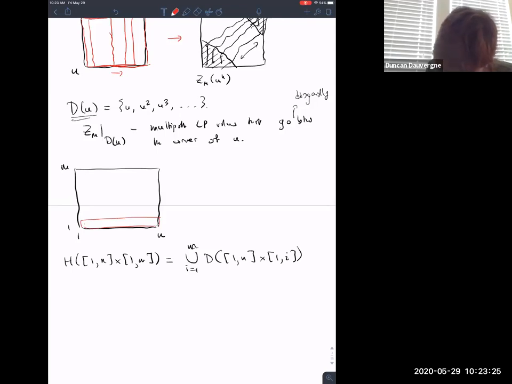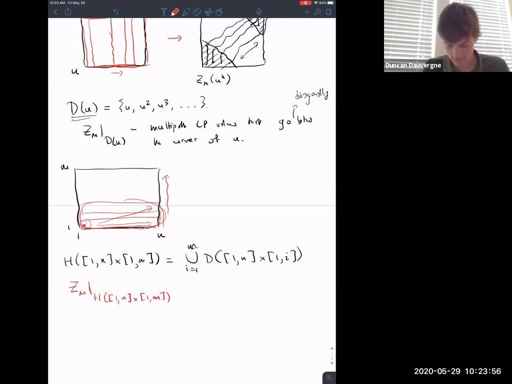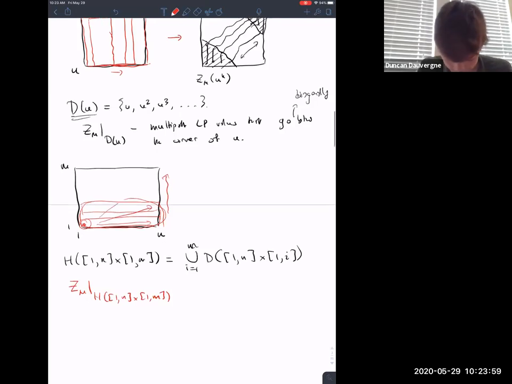We start with D of 1^n cross 1, 1, and we keep moving up. So Zm restricted to H of 1^n cross 1^m is recording all multipath last passage values starting at this corner and ending at some point on this side. The H is because these are crossing the box horizontally.